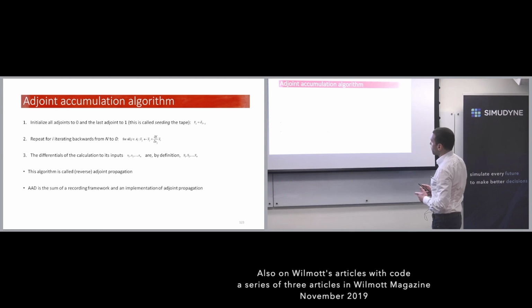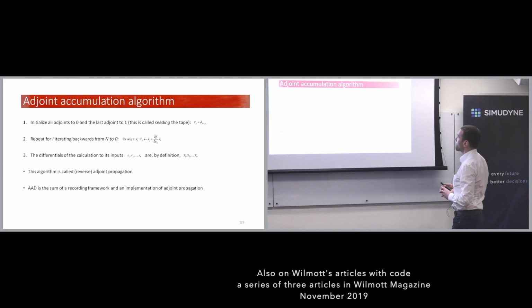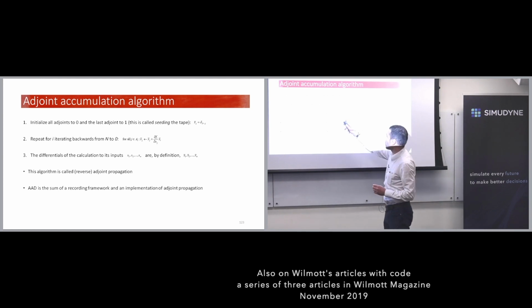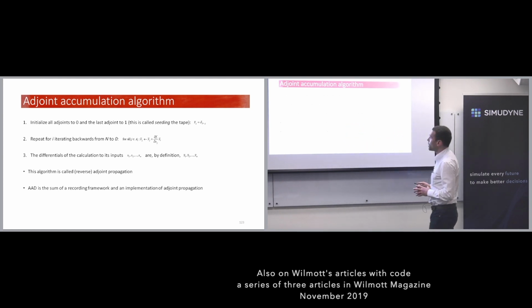And when this iteration is complete, then I can read the differentials of the end result to all of its inputs, that are by definition the adjoints of the inputs.